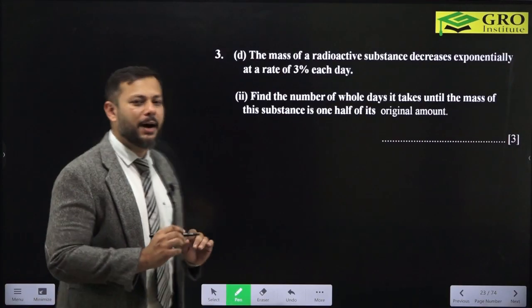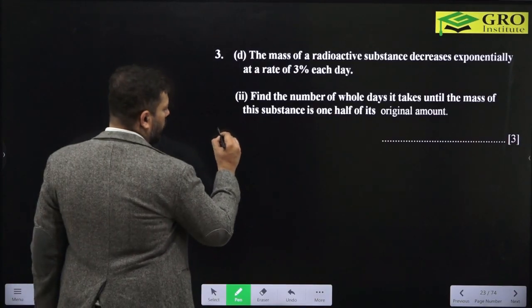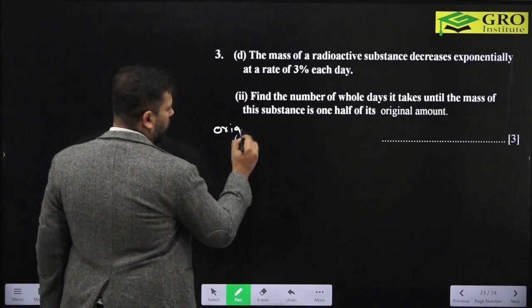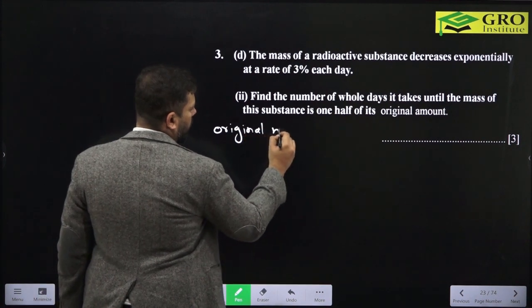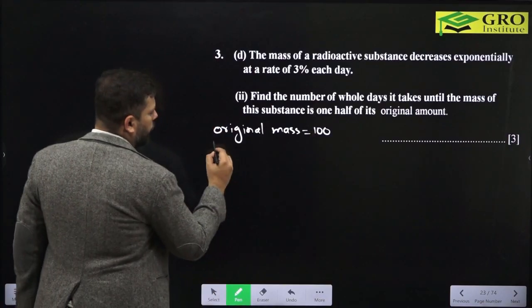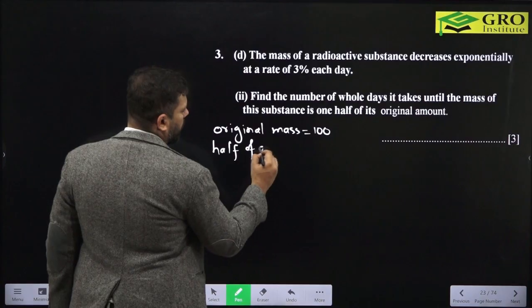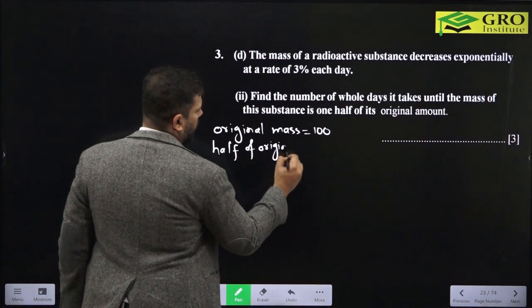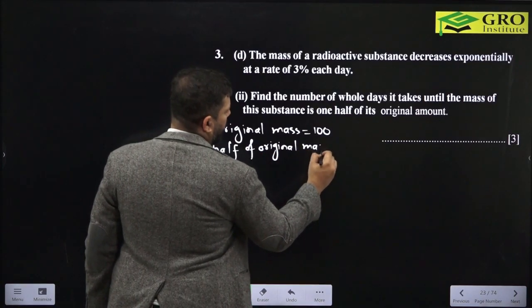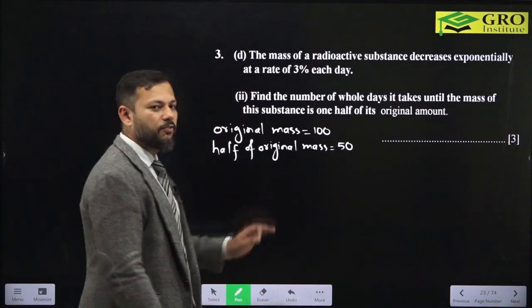What have we taken the mass to be as? 100. So the mass is 100. Original mass, we have taken 100 units. So what would be half of this original mass? Half of original mass is going to be 100 by 2, that is 50.